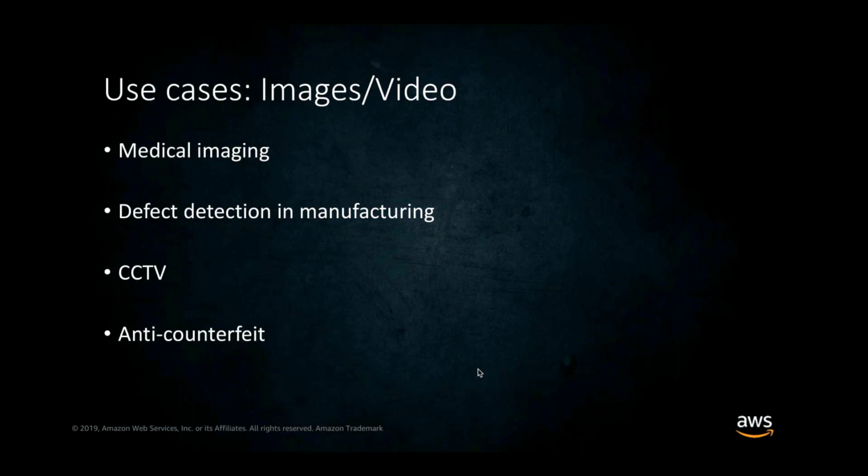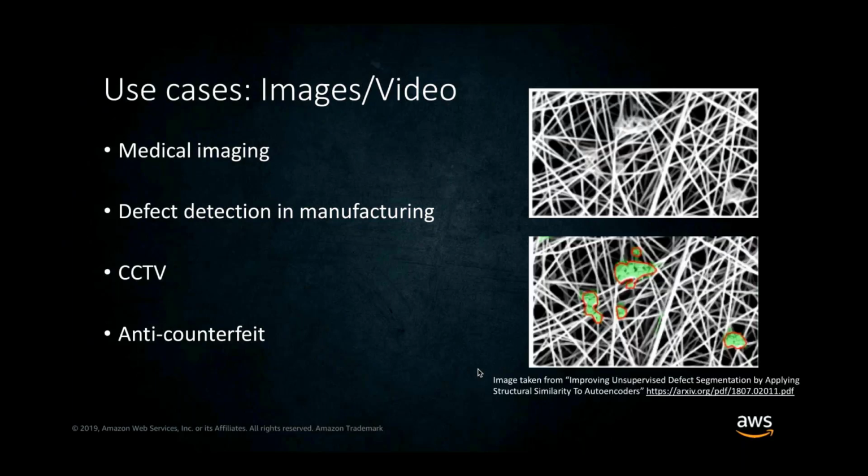Think about use cases like defect detection. I took here some images from a paper where they are doing defect detection in tissues. These little blobs here are basically anomalies and they try to find them with deep neural networks. While for us human beings, it can be difficult to find these small blobs, for a deep neural network it's very easy.